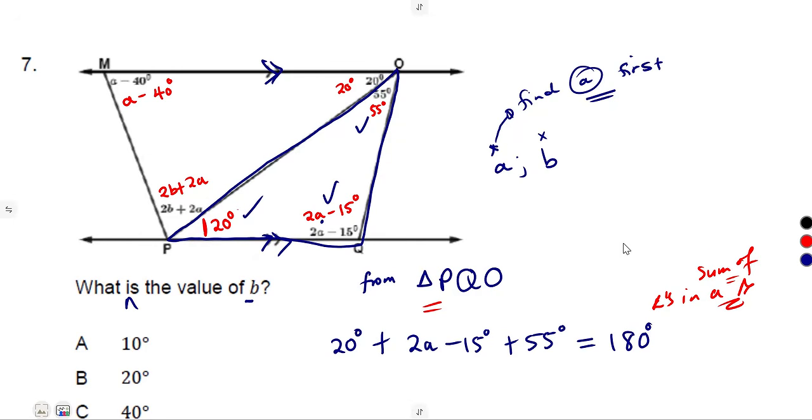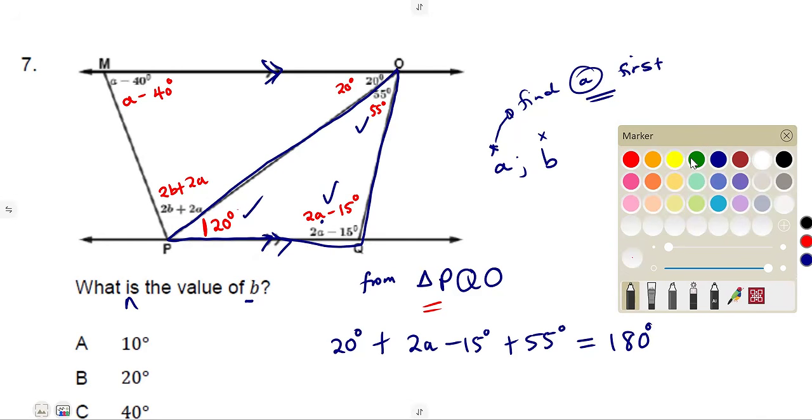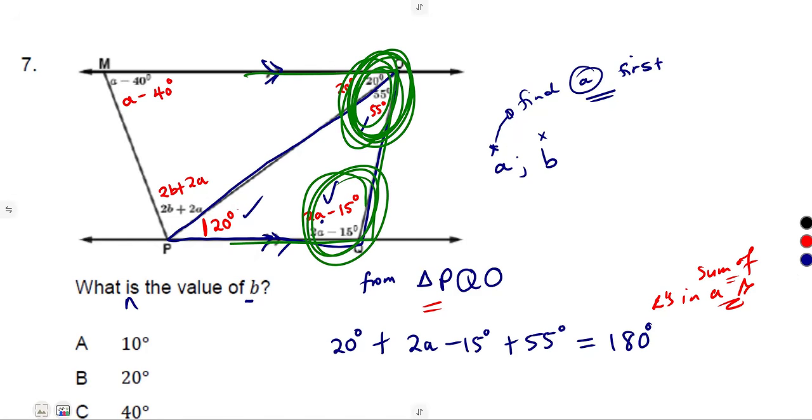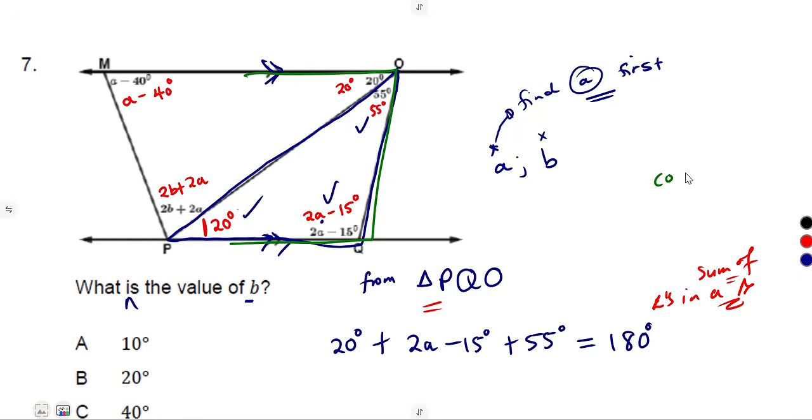We have formed that. Or you could have used the condition of co-interior angles, just like before. The angle at O and the angle at Q combined are co-interior angles. So you could have also applied co-interior angles. Remember, they add up to 180. So you just take the 20 degrees, add the 55 degrees, add 2A minus 15, and you obtain 180 degrees.